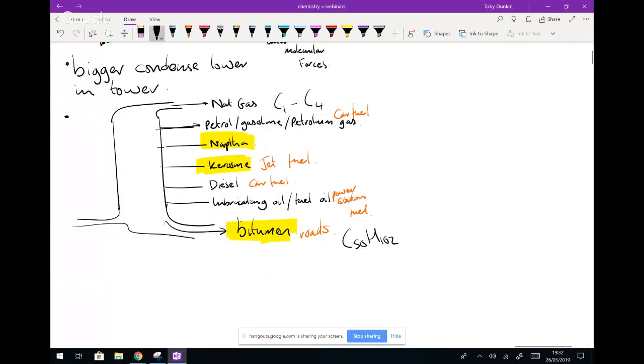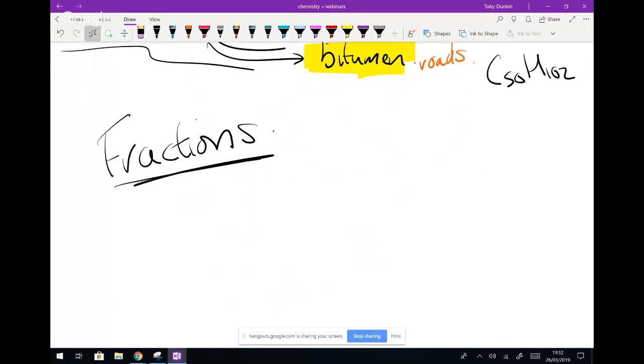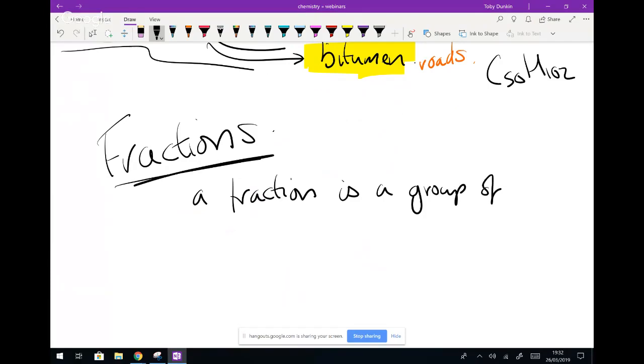At this point, I am going to now mention the fractions. There is a definition that's going to appear, and everyone tends to get this wrong. A fraction is a group of compounds with similar boiling point, BPT.